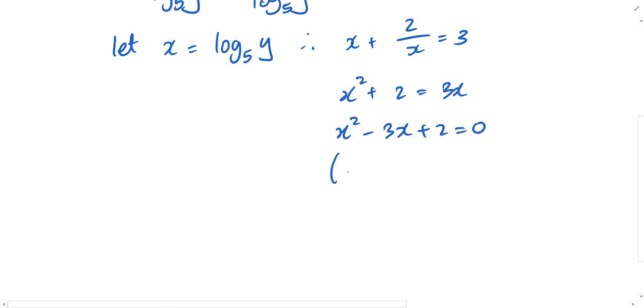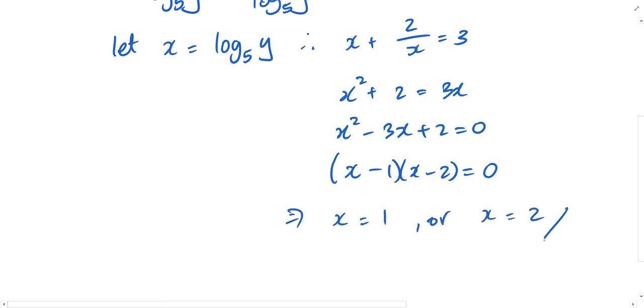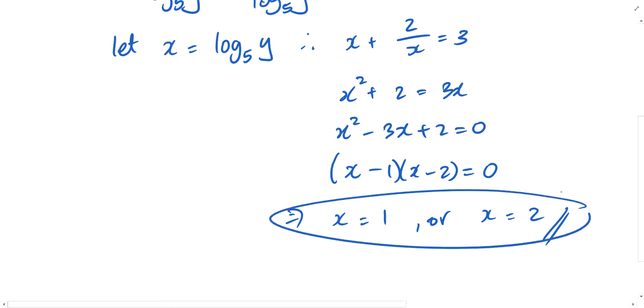Factorization, what do we get? Okay, therefore x equals 1 or x equals 2. Answer. Because I'm sure some people are very happy, see this very nice number, and they stop already. Okay, so substitute all these back inside here. Then you will get 2 answers. Thank you, you can sit down.